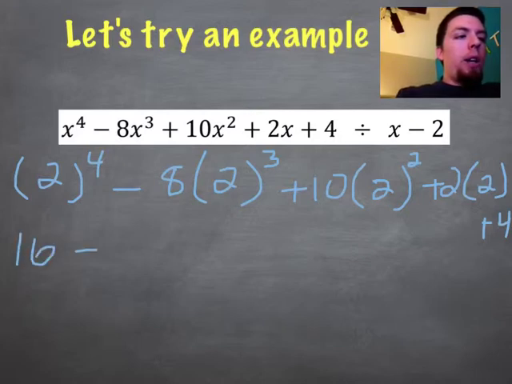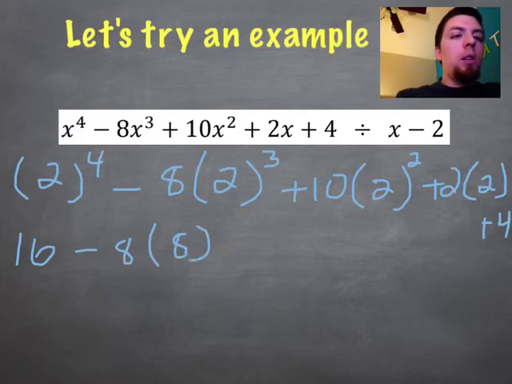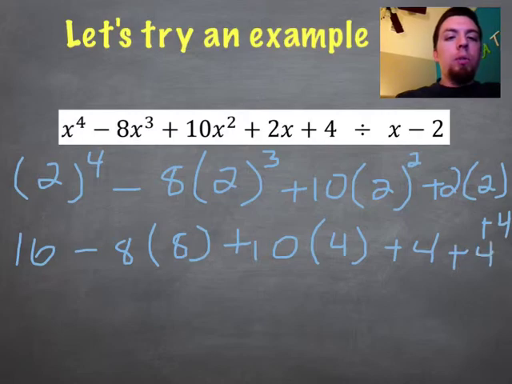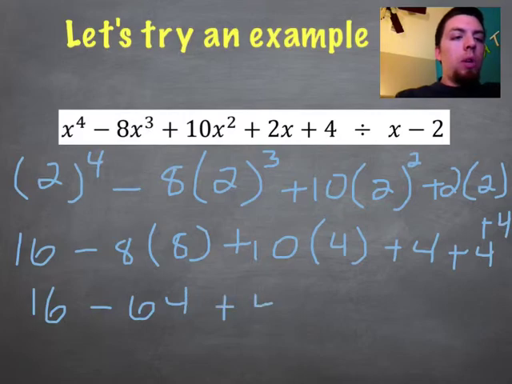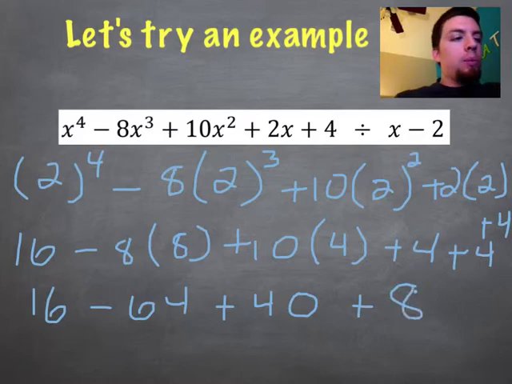We have minus 8 times 2 cubed, and 2 cubed is going to be 8, plus 10 times 2 squared, which is 4. That's going to be plus 4, and then plus 4. Okay, so we get 16 minus 64 plus 40 plus 8.